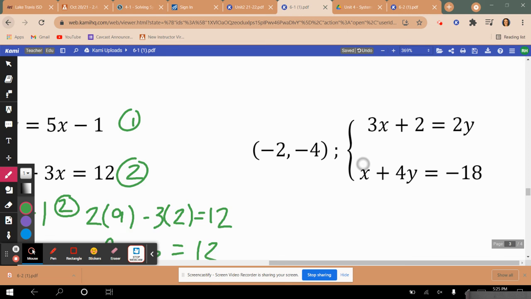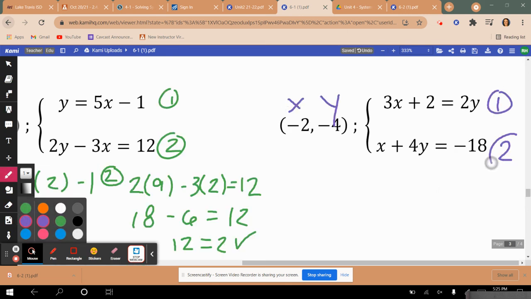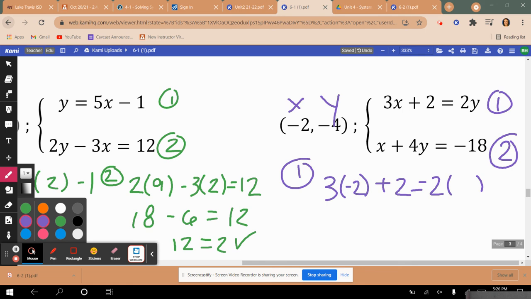Last problem on this page. So we have x, y, 1, 2, 1, 3 times x plus 2 equals 2 times y. X is negative 2.